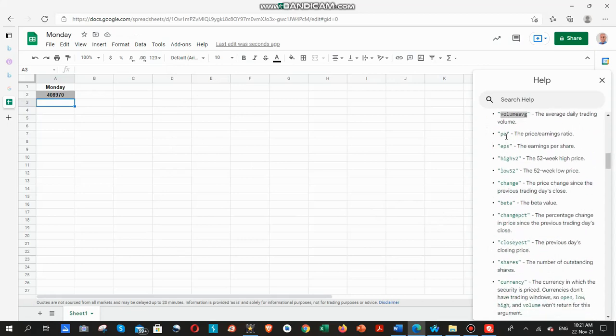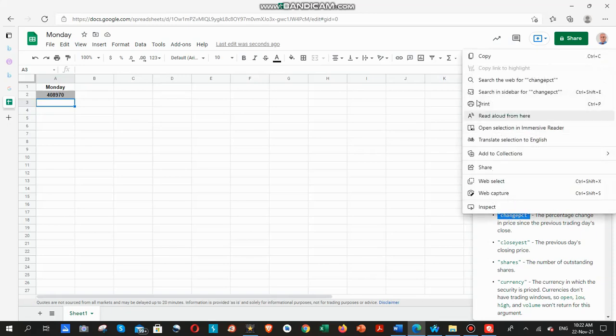Further information we can extract: price to earnings ratio, earnings per share, the high over the last 52 weeks, the low over the last year, the beta. This is an interesting one. The percentage change. Let's take this.